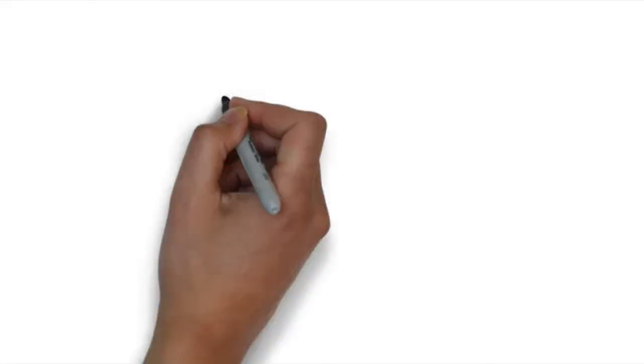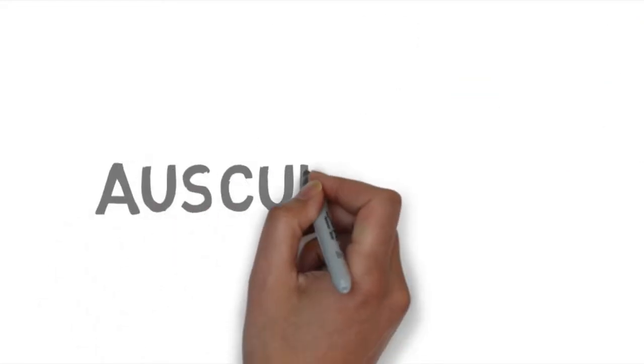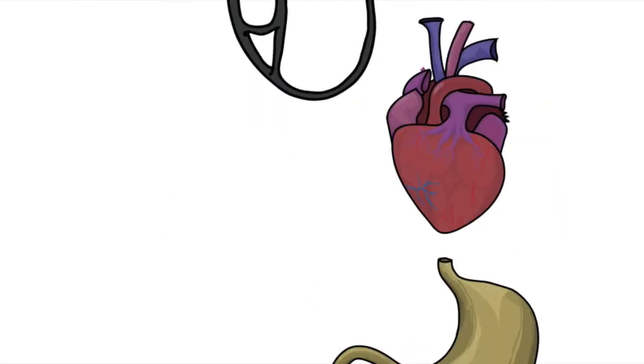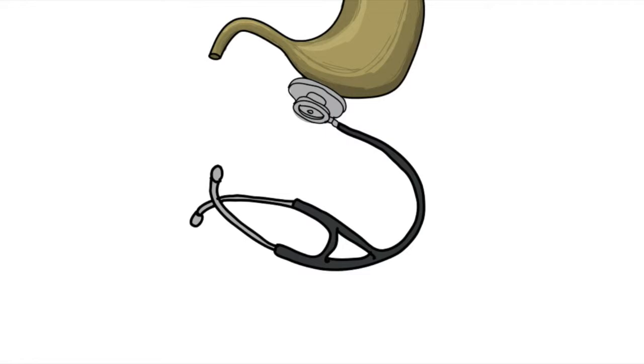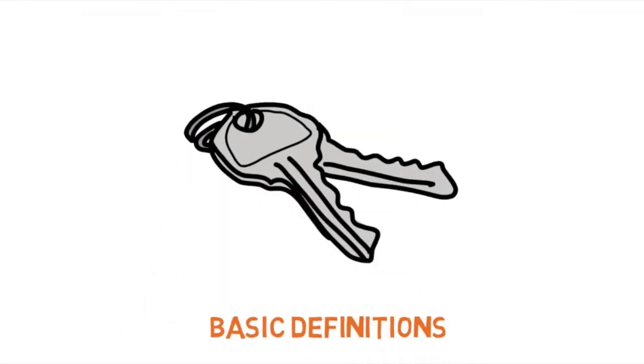We'll see that the sound changes over dense areas of our body, such as bone, versus areas with soft tissue, such as our abdominal region. The last step, auscultation, is just really a fancy word for listening with our stethoscope. We could use our stethoscope to listen over lungs, or to heart sounds, or even to bowel sounds. Now, these are just the basic definitions of these terms, but we want you to know what key terms to start looking for when you're studying.